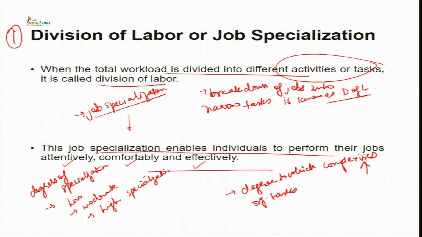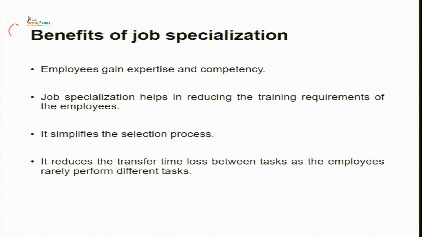Let us now see the benefits of job specialization. If we go for job specialization in an organization, what are the gains out of it? First, the employee gains expertise and competency, as they perform simple and small tasks separately.